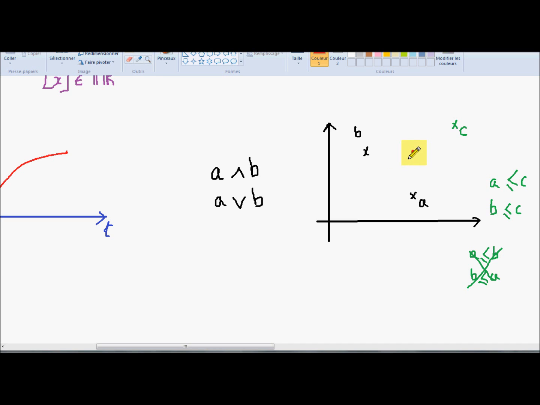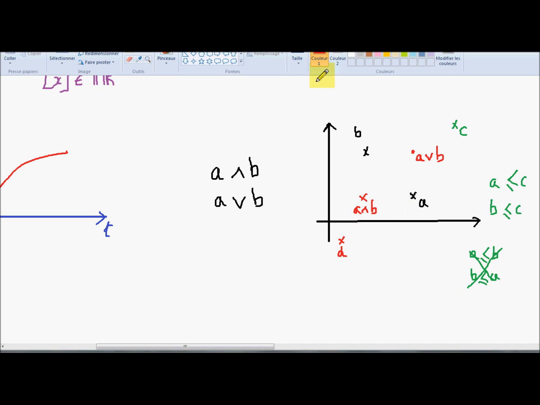So it is a supremum, and this one will be called the supremum of A and B. Again, D here is smaller than A and B, but there is an element which is the largest minorant of A and B, and this one will be called the infimum of A and B.